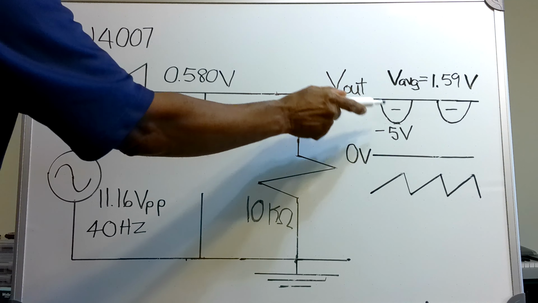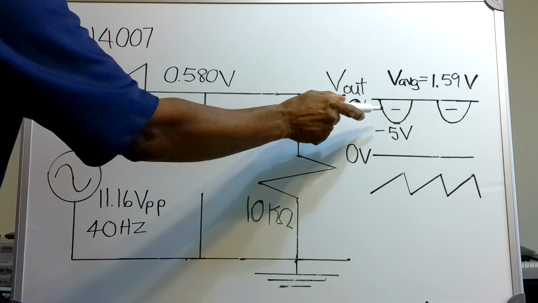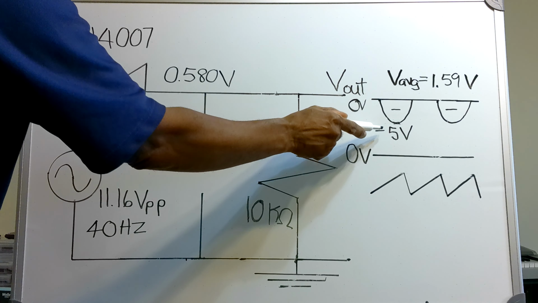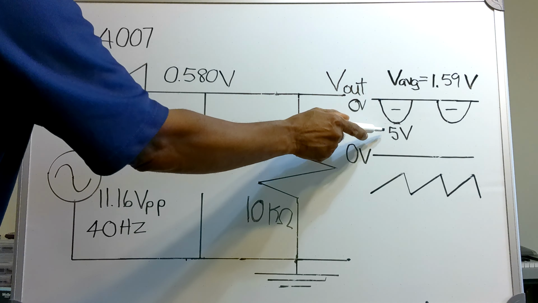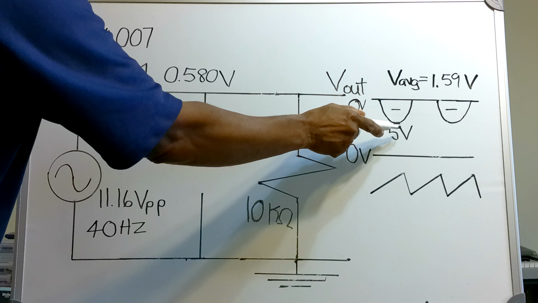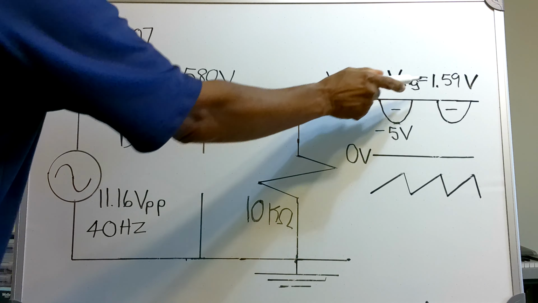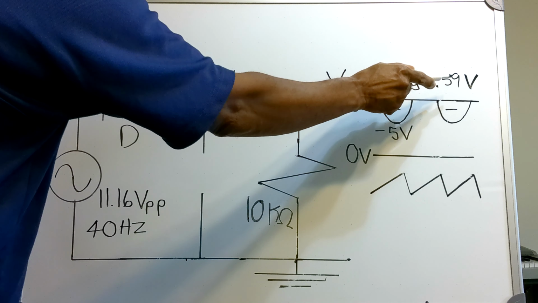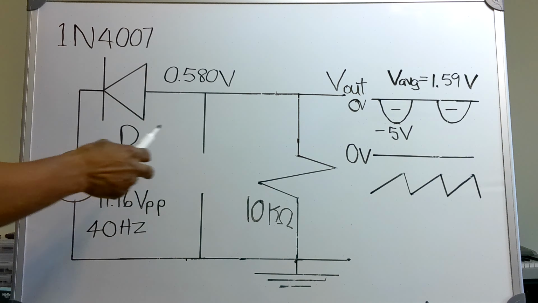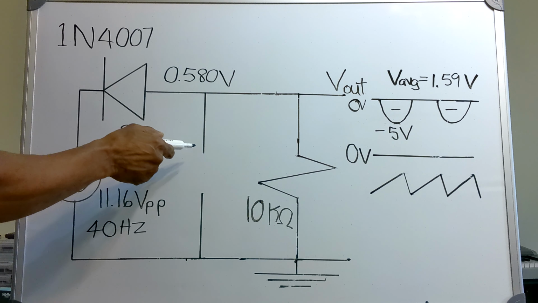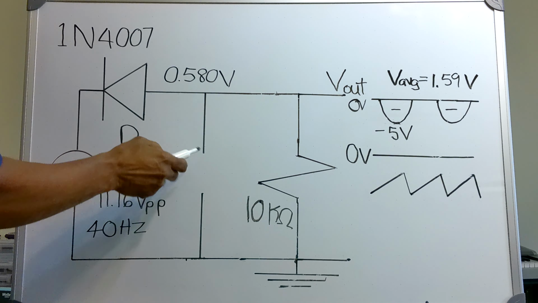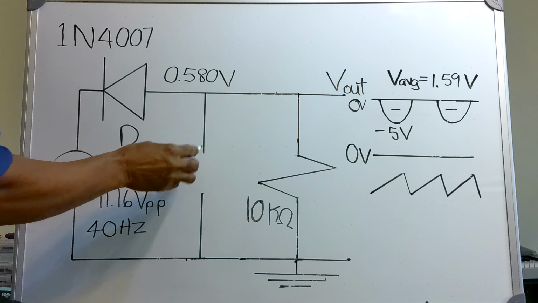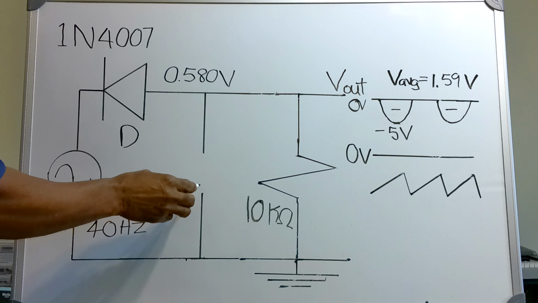The output signal will have a peak of -5 volts, and the average voltage will be 1.59 volts. Now, I have an open circuit right here.